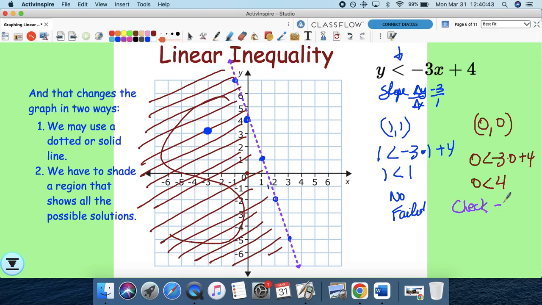We're going to use the point -3, 3. So we get 3 less than -3 times -3 plus 4. 3 is less than -3 times -3 is +9. And 9 plus 4 is 13. Is 3 less than 13? Yes, it is. So see how -3 and 3 worked. Everything else will also work as well.